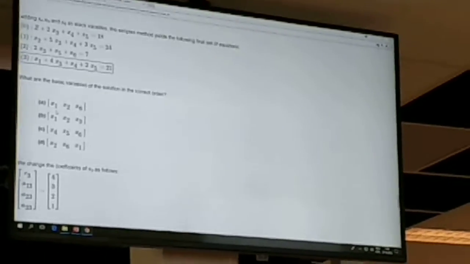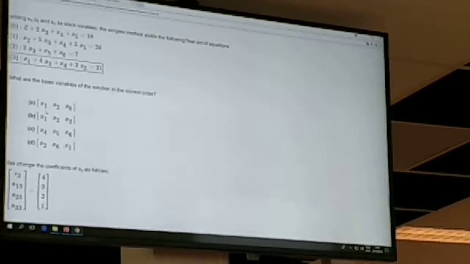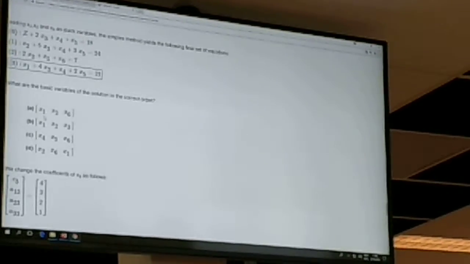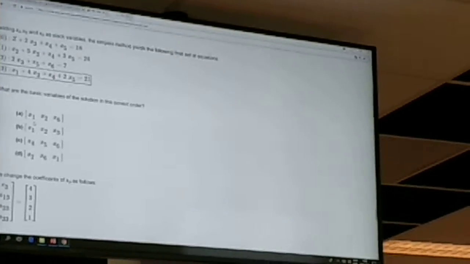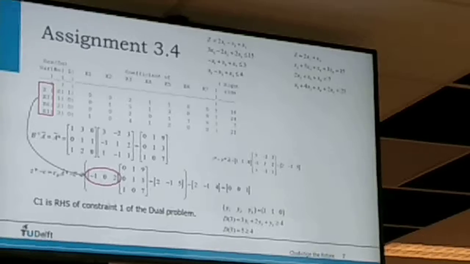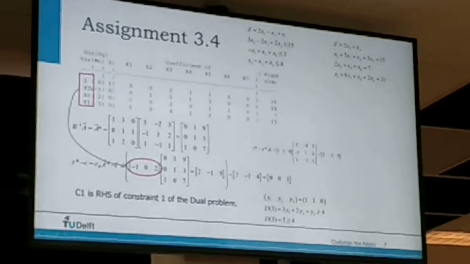Why is this order so important? If we have CB, which is the coefficient of our basic variables, which we have to multiply by B to the power of -1, the inverted B matrix, then we need to know the coefficients in the original, but also their order. So we need this to get the order correctly. Here we have our solution x2, x6, x1.